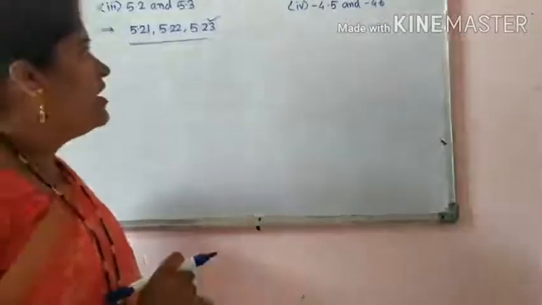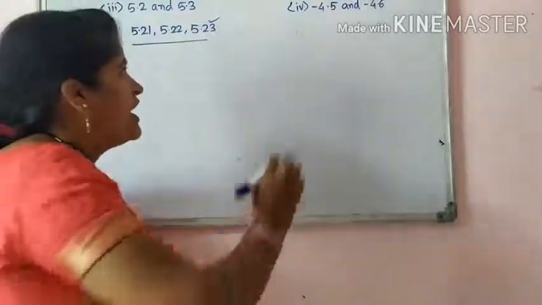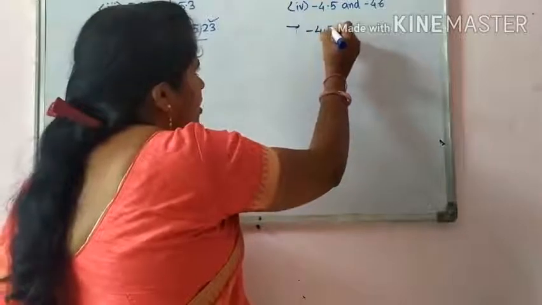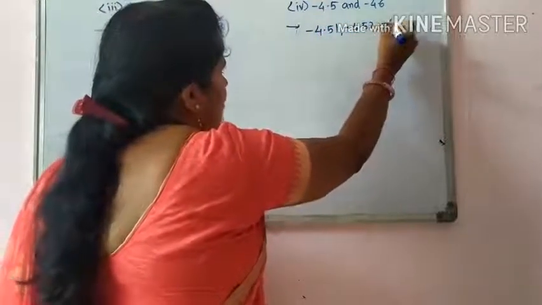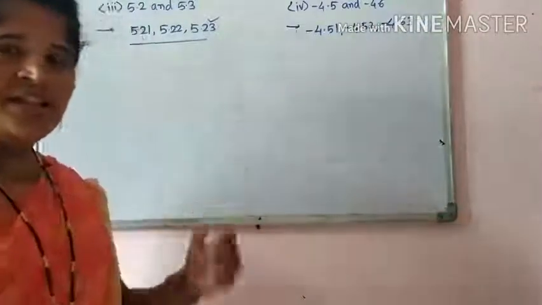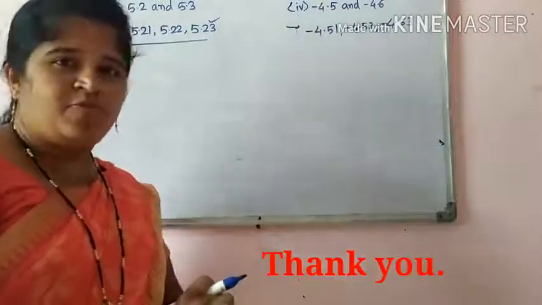Now fourth one: minus 4.5 and minus 4.6. So here also we can easily write the rationals: minus 4.51, minus 4.52, minus 4.53 and so on. These are the rational numbers between minus 4.5 and minus 4.6.